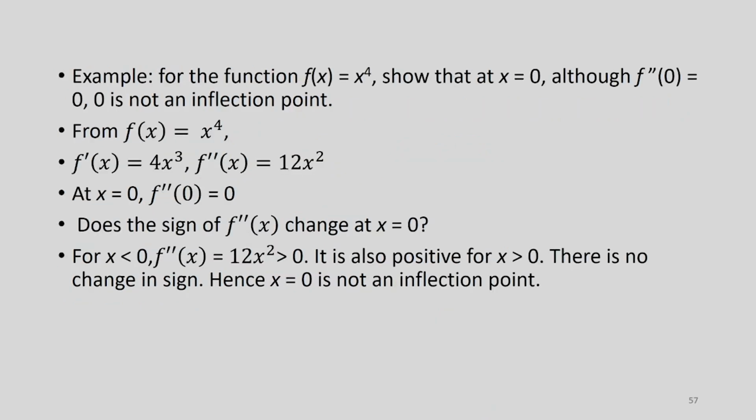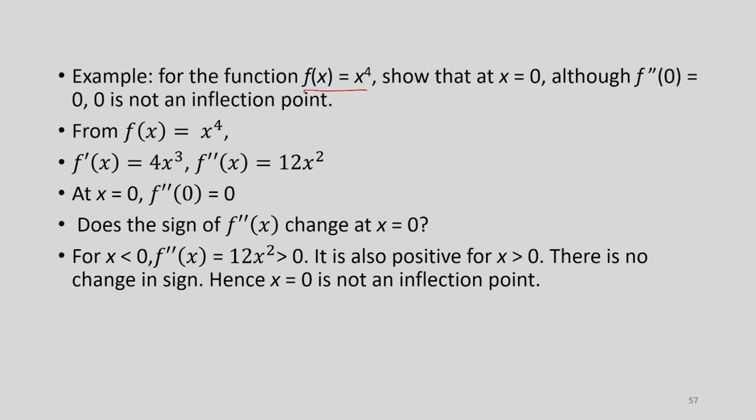Okay, here is an example. For the function f(x) is equal to x to the power 4, show that at x is equal to 0, although f double dashed of 0 is equal to 0, 0 is not an inflection point. So, what is being done here is that we have the satisfaction of the necessary condition, right.